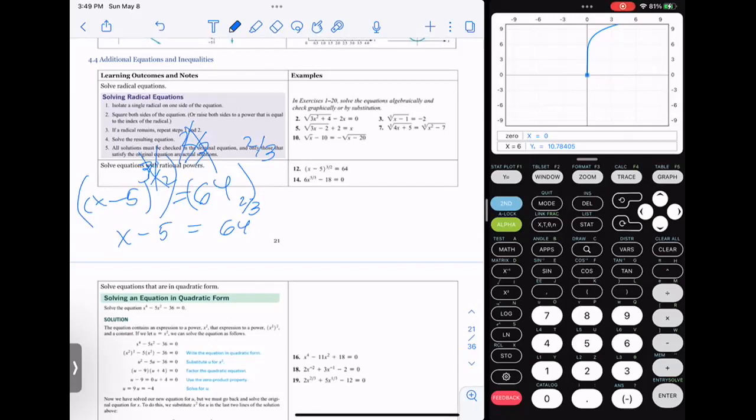We just want to add 5. So x will equal 64 to the 2/3 plus 5. Don't worry about simplifying 64 to the 2/3 yet. I think it wants it in that form.